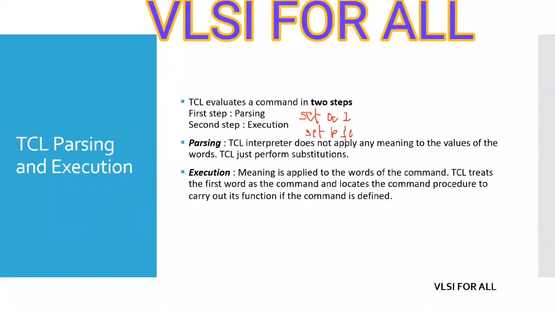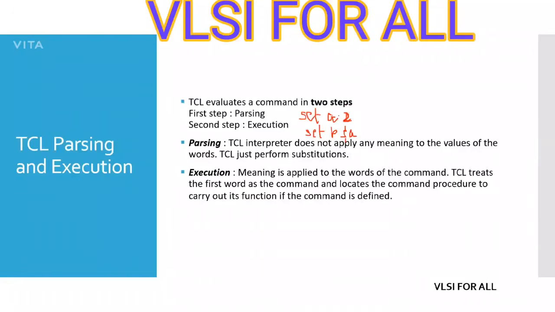If we have a script like this, in the first step, while parsing, TCL does not apply any value to these variables. It just parses the script and tries to substitute the values. For example, the first line does not require any substitution. It's directly given as 2. Here, the value for A is 2. So it just parses that.